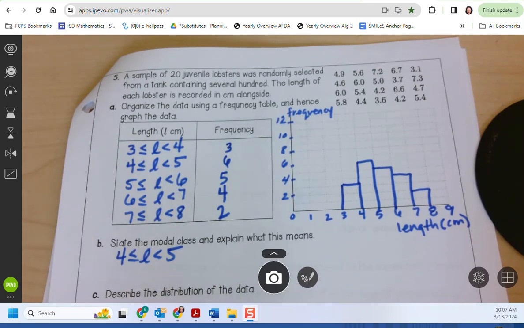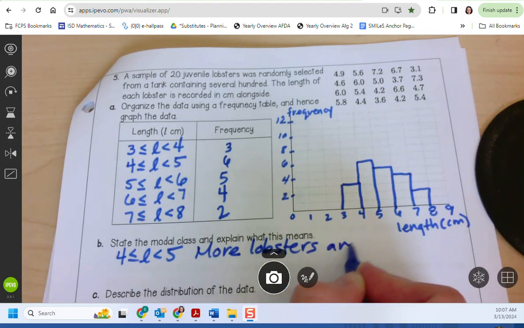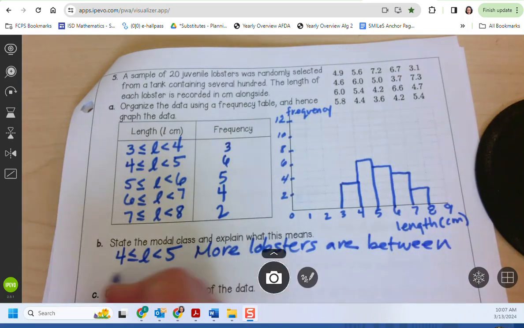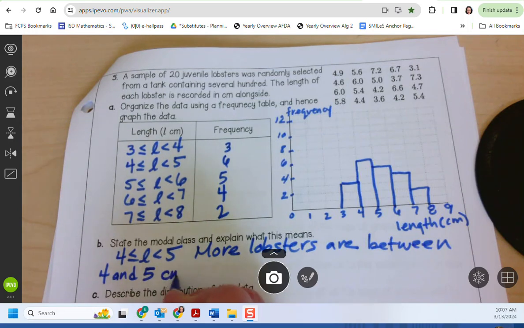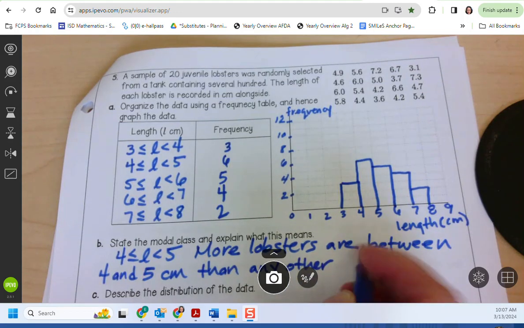I wrote more lobsters are between 4 and 5 centimeters than any other interval. I can also say any other single interval to try to get at the distinction Sophia was making.